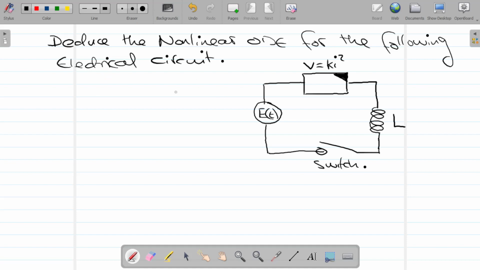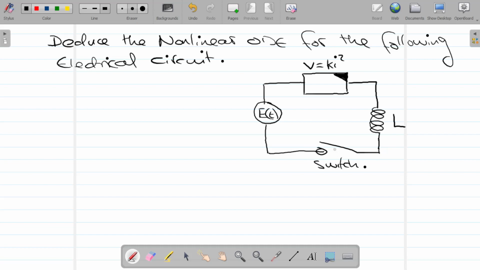It's an electrical circuit with a voltage source E, which is a function of time, a non-linear device which has voltage Ki squared and an inductor L. And of course, you can turn the circuit on and off via this switch.